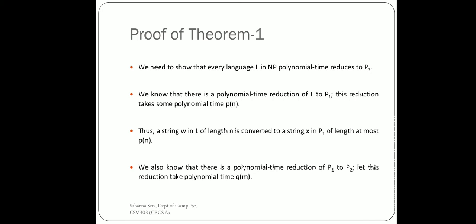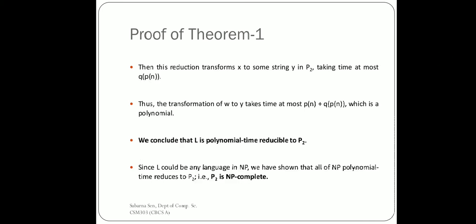Now if this is so, then this reduction transforms x to some string y in P2. That means we are reducing the strings of P1 to strings of P2. So it will take what?